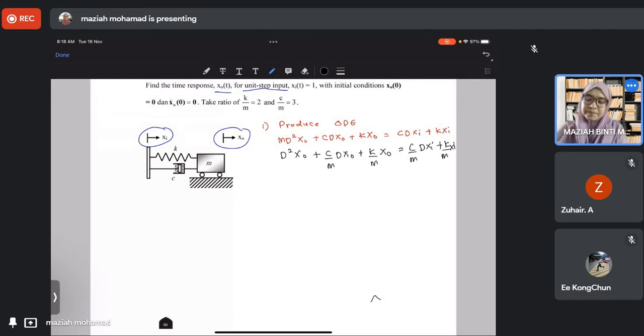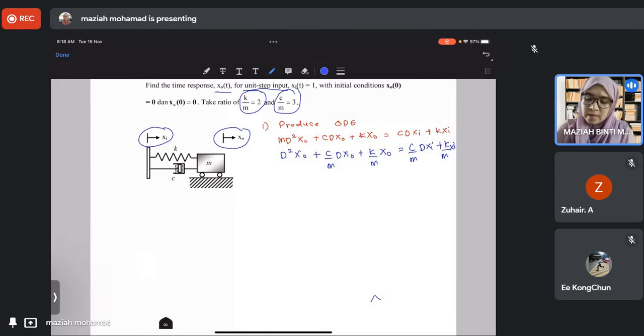Okay, and then we're going to apply this value here, k over m equal to 2 and c over m equal to 3.